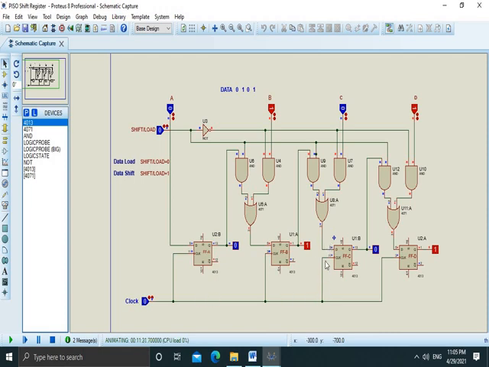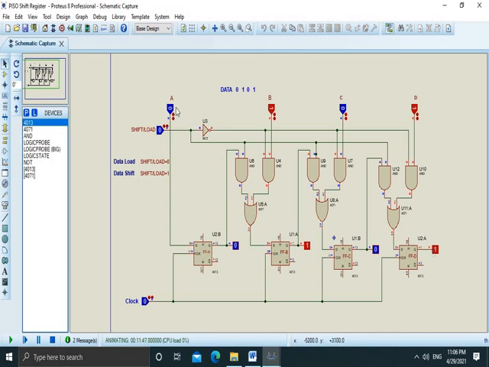After receiving the clock, 0 is shifted at the output of the D flip-flop. Then here one input is 1 and this is 1. 1.1 is 1. Here 0 plus 1 is 1. So 1 is received at the input of this D flip-flop. After receiving the clock, it is shifted at the output of this D flip-flop.